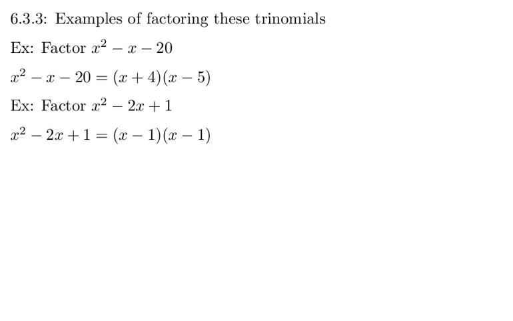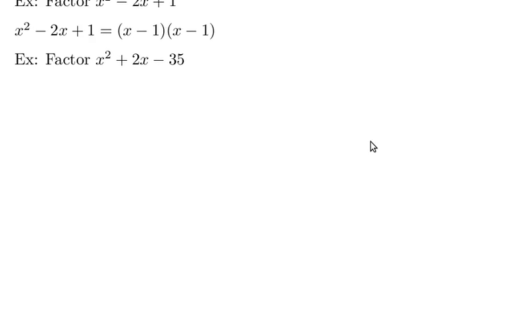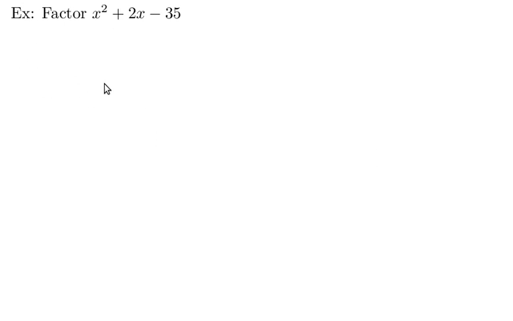We want to factor x squared plus 2x minus 35. Yes, I don't know why I didn't scroll down before. So factor x squared plus 2x minus 35. So we see this negative here.